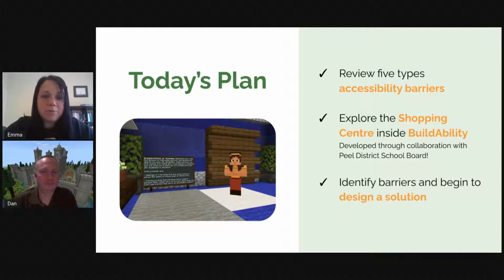This is developed through collaboration with the Peel District School Board. And we are going to maybe start thinking about a solution to some of these barriers, because the goal is to make our world as inclusive as possible, recognizing that some individuals have challenges that we will take into consideration, because we want all people to feel welcome and included and be able to participate fully in all aspects of our communities.